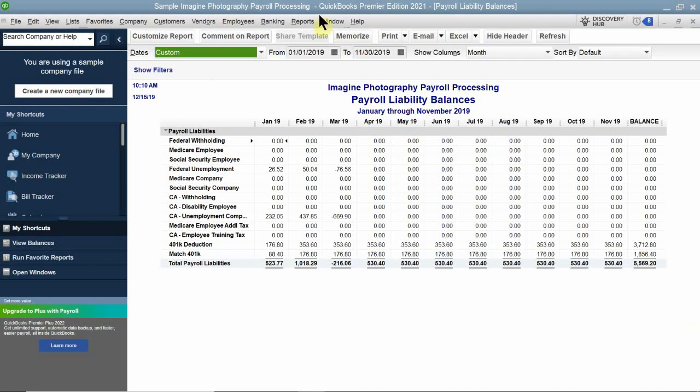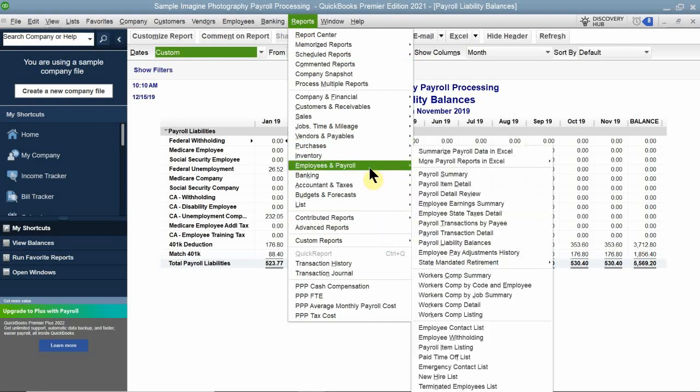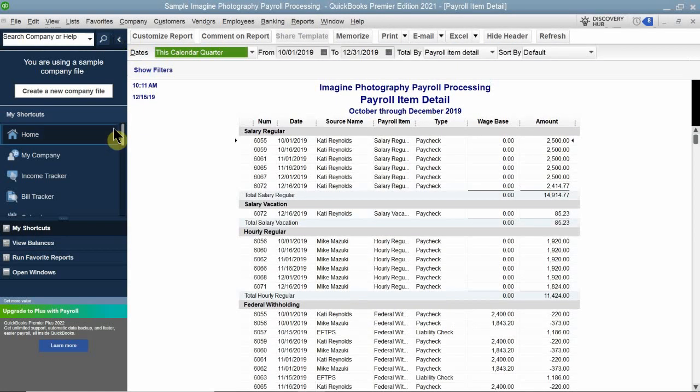So other reports like that, but again, it just really depends on what your position is in terms of the company. Okay, if you need payroll item details, right here are the items that you offer to your employees, right? You got salaries, and Katie took that one. You got hourly, which is Mike.